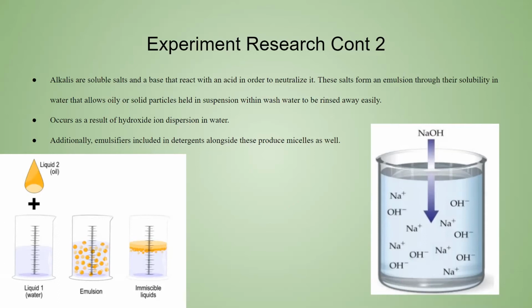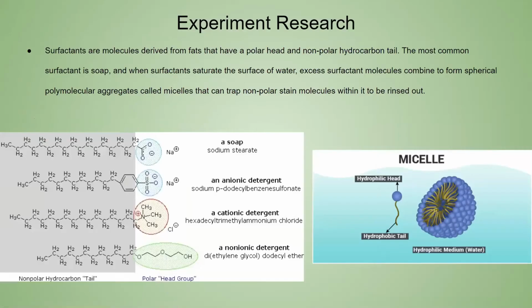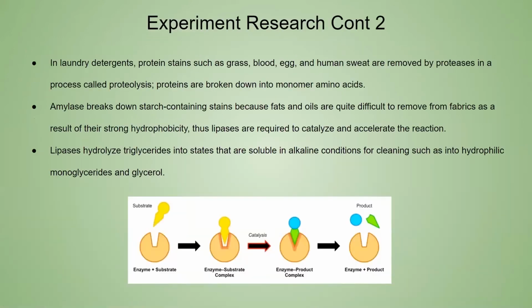This neutralization occurs with hydroxide being dispersed in the water from the alkalis and soluble salts. Additionally, emulsifiers exist when alkalis interact with surfactants, and that allows micelles to be produced in both cases. Micelles being those aggregate balls.